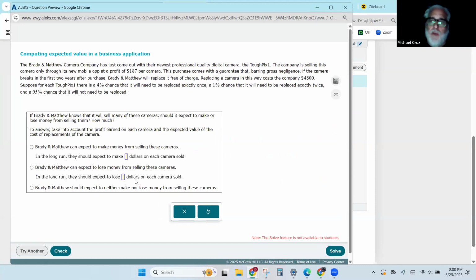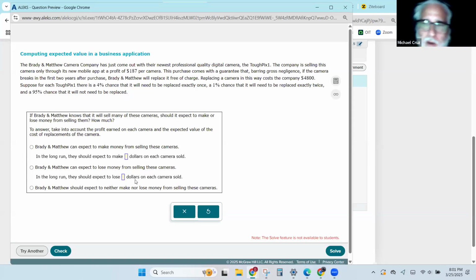The Brady and Matthew Camera Company has just come out with their newest professional quality digital camera, the ToughBix One. The camera is selling only through its new mobile app at a profit of $187. This purchase comes with a guarantee that, barring gross negligence, if the camera breaks in the first 2 years after purchase, Brady and Matthew will replace it free of charge.